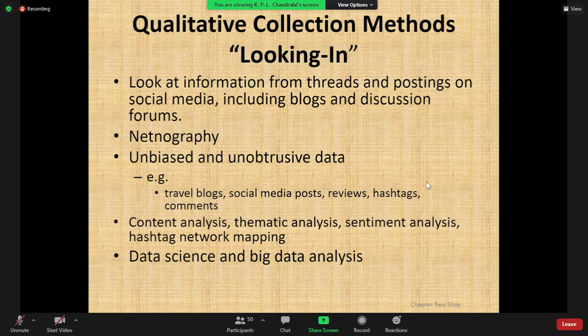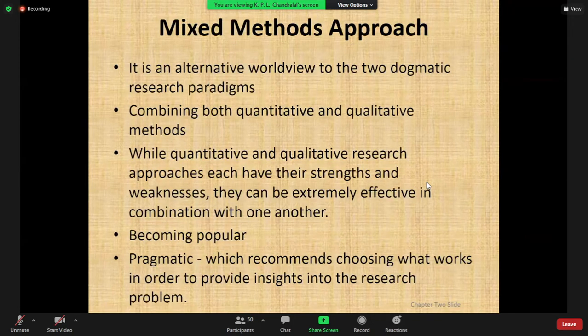So we can analyze millions of posts today using these big data analytical tools. That's why we call it big data, right? It's not limited data. We can analyze even large amounts of data today.